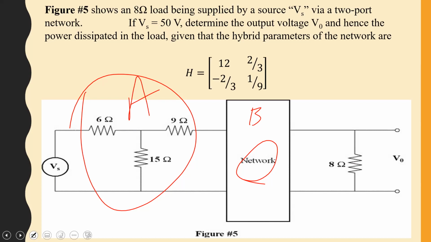What is the objective? What are you asked to find? Sir, the output voltage V0. Good. So you want this out here? Yes, sir. So I'm asking you now, in finding HA, how does that help in you getting V0?